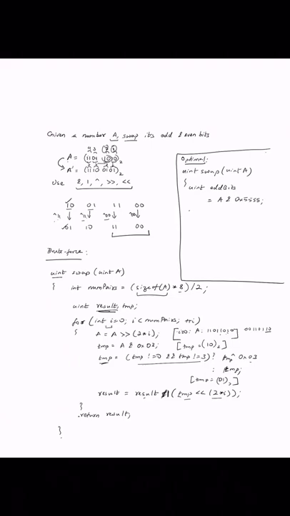Now, if you logically AND A with 0xAAAA, it's going to give you all of the even bits.